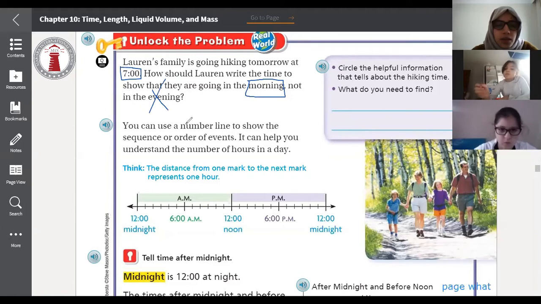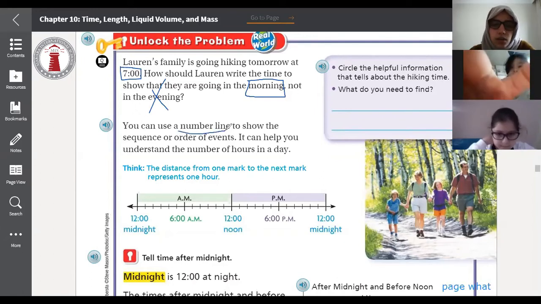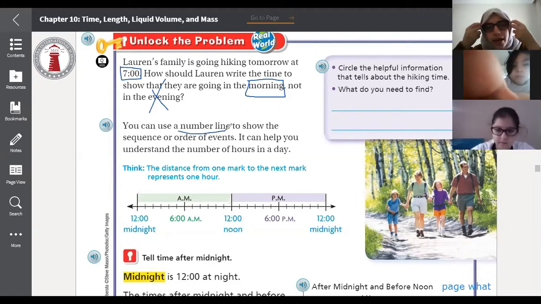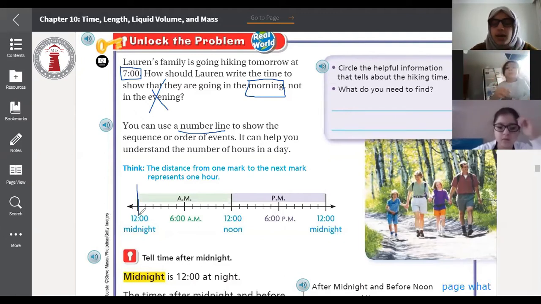So you can use the number line to show the sequence or order of events. We're going to use a number line here to help us understand how we can tell AM from PM, or morning from evening. The day usually starts at 12 midnight, when we are usually sleeping.